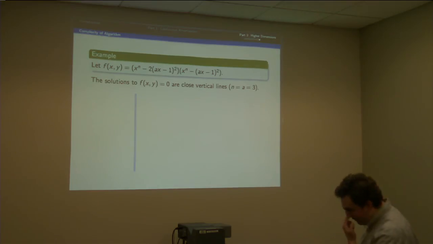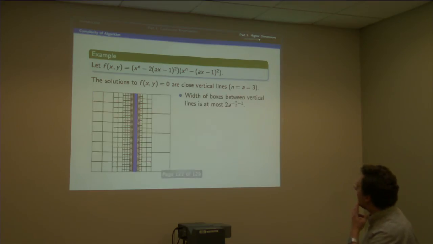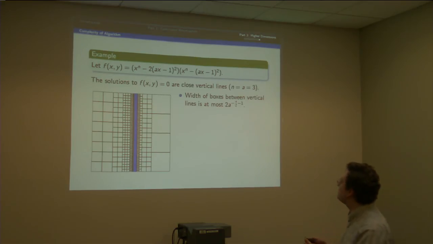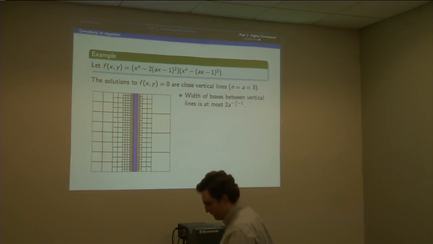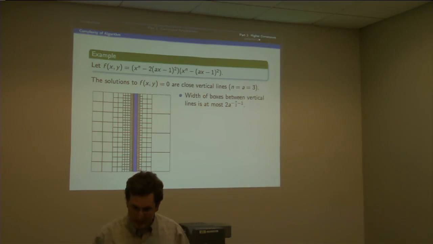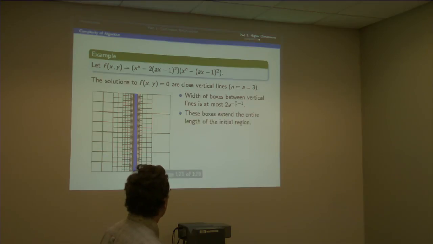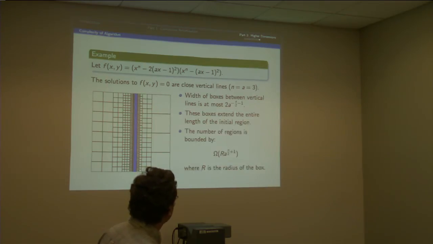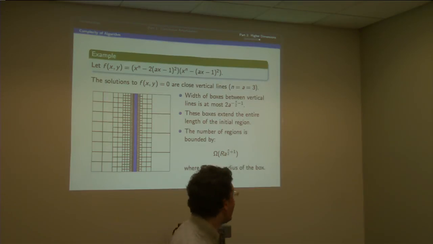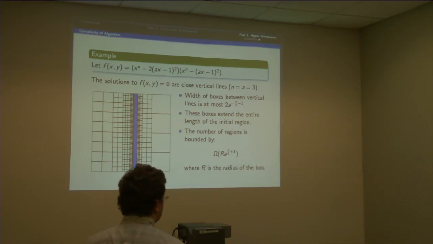Now in this case, between those centered lines, the width of the boxes has to be at most this bound, because otherwise you would have to have subdivided. And these boxes go from top to bottom. So unfortunately, the number of boxes is at least the size of your region times that A. So that's an unfortunate bound, but the algorithm doesn't do better than that.